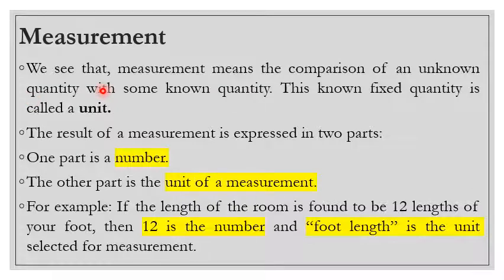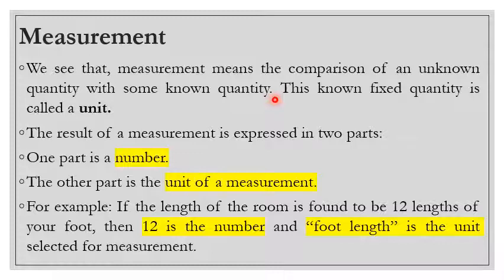We don't know how much the length of the table was, or how much the length of the cloth was. So with the help of measurement, we can compare an unknown quantity with some known quantity. There are some measurements available, like meter, kilometer, square meter, inch, like this.